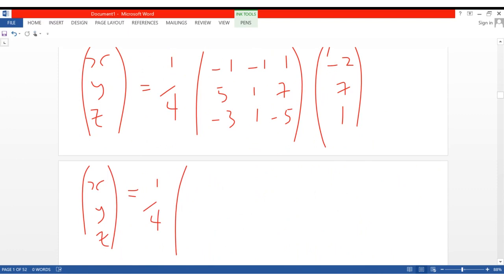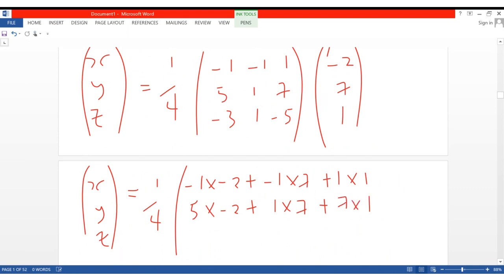So I'll have negative 1 times negative 2 plus negative 1 times 7 plus 1 times 1. Then 5 times negative 2, 1 times 7 plus 7 times 1. The last one is negative 3 times negative 2 plus 1 times 7 plus negative 5 times 1.